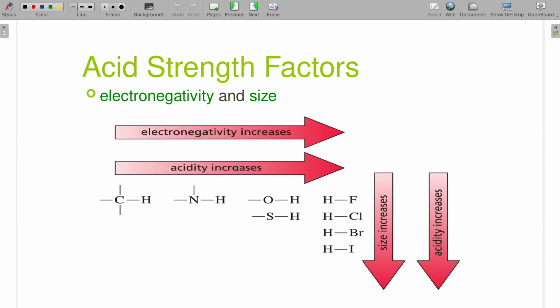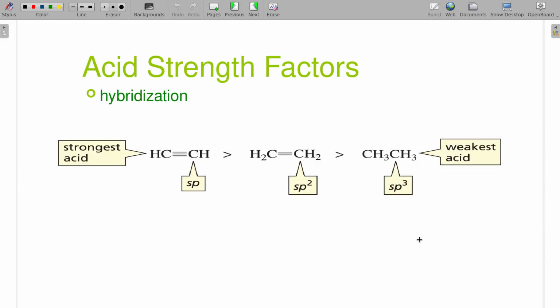More electronegative, more acidic. If you're going up and down, it is actually size. The lower it goes down, the bigger the size is, and therefore the stronger it is as an acid. And hybridization affects it. The more s character, the stronger the acid. Less s character, the weaker the acid.